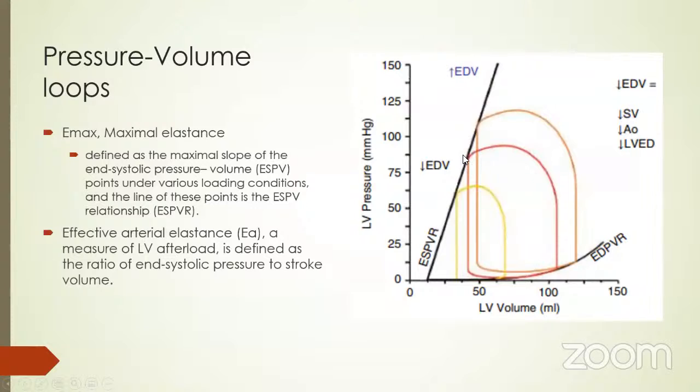The end diastolic pressure volume will decrease. So if we plot a line between those end systolic pressure volume points, we will come up with this slope, which represents the maximum elastance.